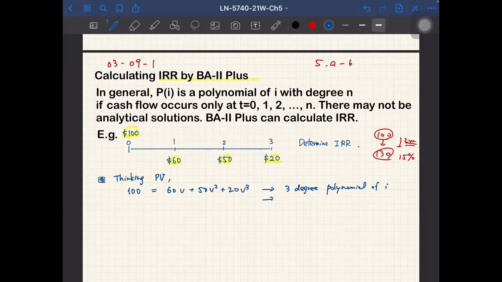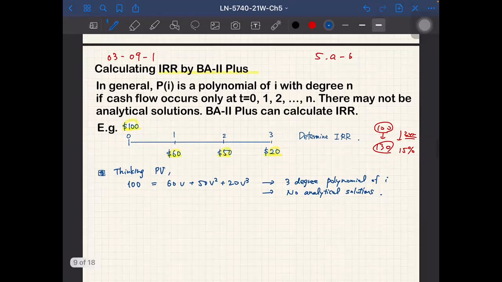So no analytical solutions. Maybe we can solve the quadratic equation, but that is too complicated. So maybe the linear or quadratic equation can be solved, but the cubic equation cannot be solved analytically easily. So we have to rely on the calculator.